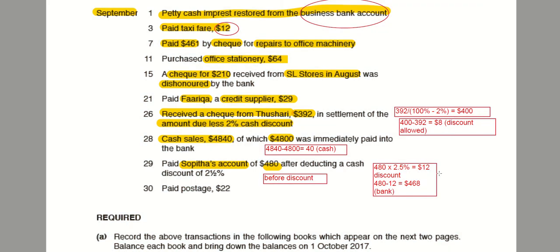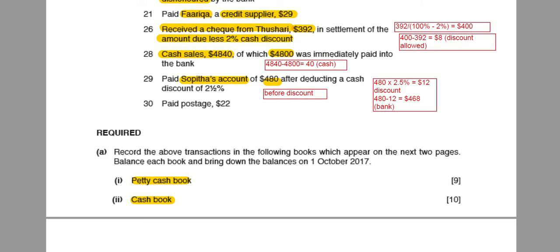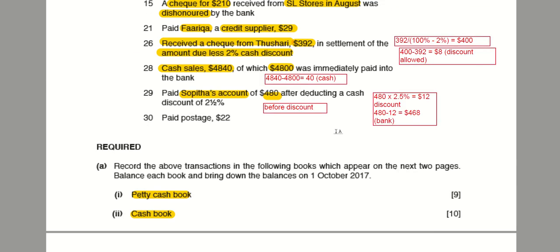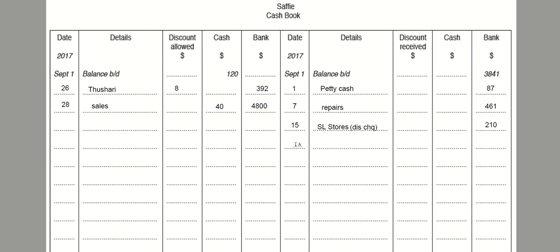You're paying a check, so it will go on the credit side of the cash book. We'll see the date and confirm the name. So 29, the name of the trade payable. Okay, and then we fill up the discount and the bank. So this is how that 480 splits into 468 and 12.